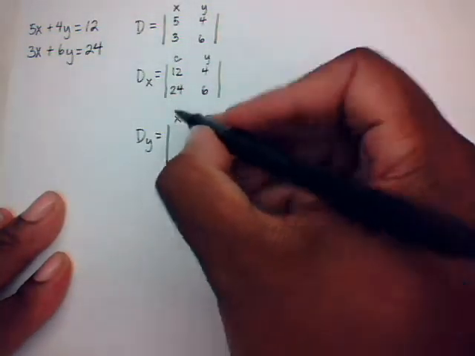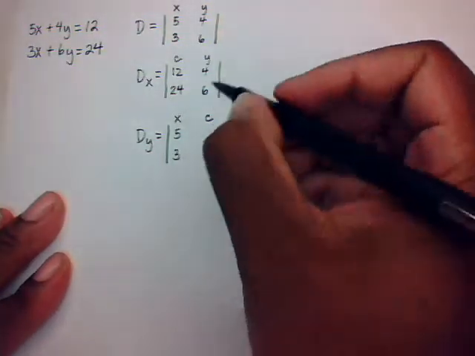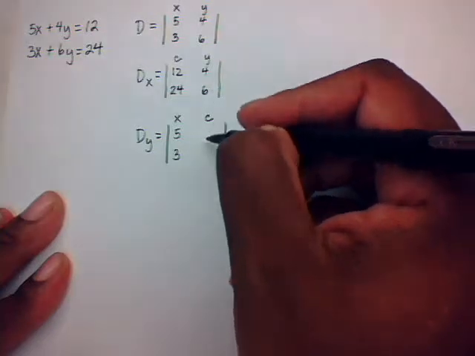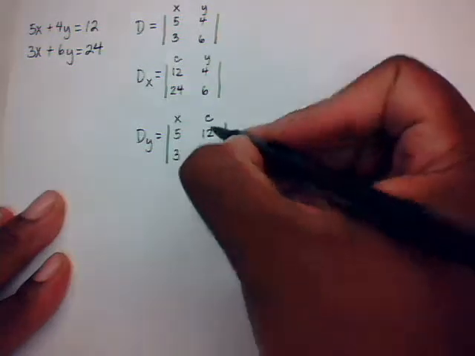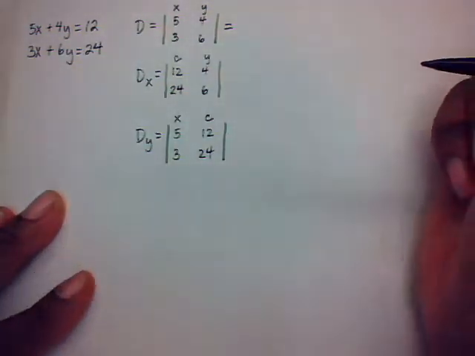And then for d sub y, your x coefficients are 5 and 3, and your coefficients for y will be replaced by your constants, which are 12 and 24. So now we can find the determinants for each one of those.